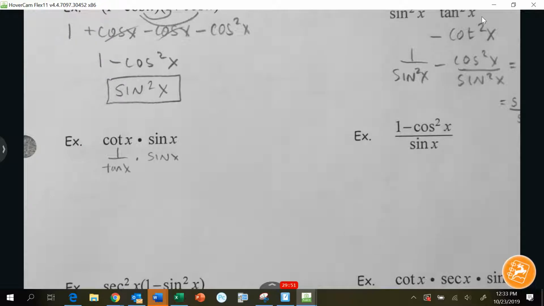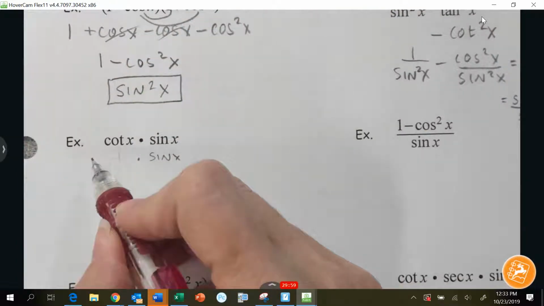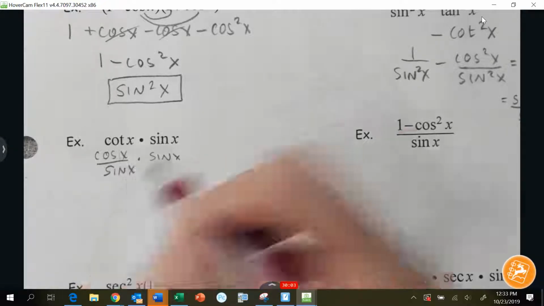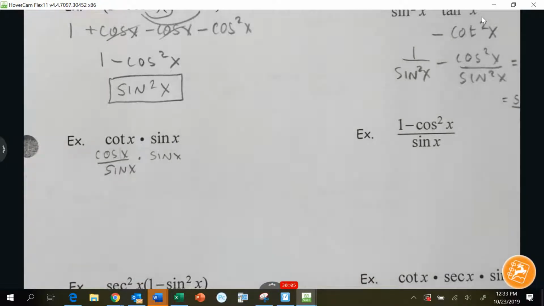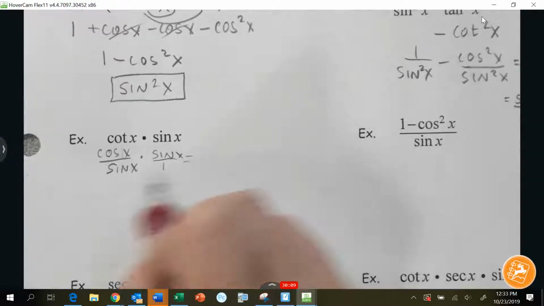Maybe. Maybe not. What do you think, Corey? Cotangent x is equal to cosine x over sine x. Okay, so instead of using the reciprocal, she's using the quotient. And if you use the quotient instead of the reciprocal, what happens to our signs when we multiply straight across?